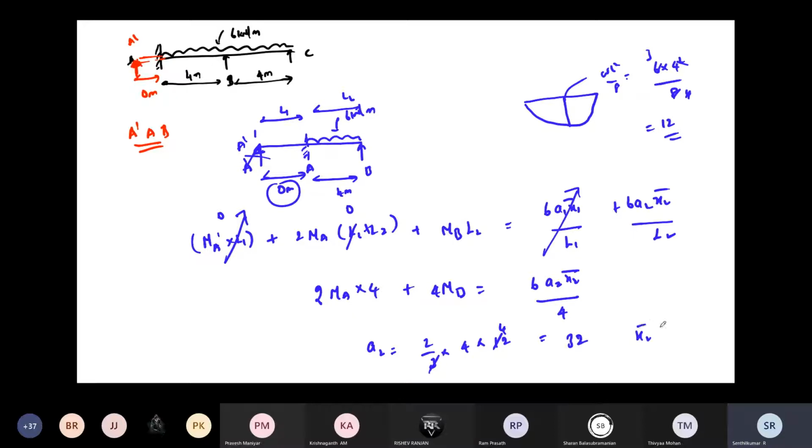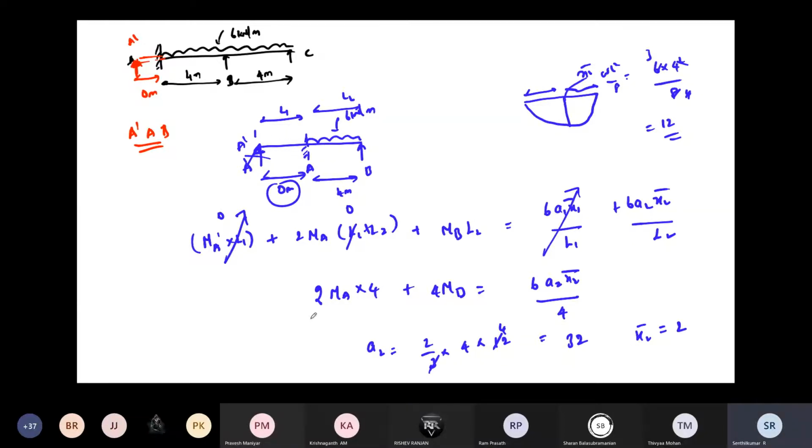What about your x2 bar? It's a symmetrical parabola, so from here x2 bar is L by 2, which is 2. So you know that A2 x2 bar will be 64.